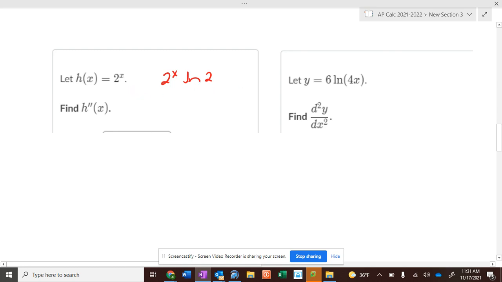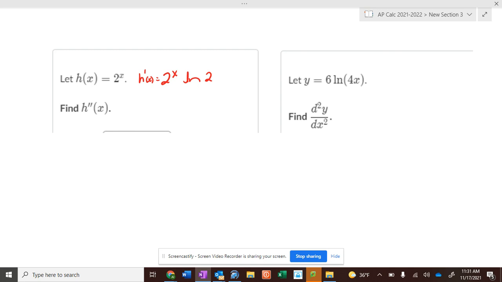Okay? So that's the first derivative. You trust me? You're not writing anything on your note card. You're looking at it to figure out what the first derivative of this is.